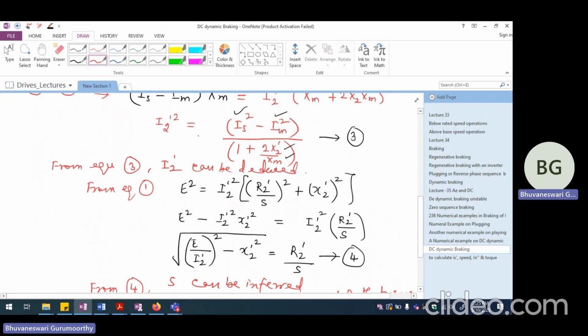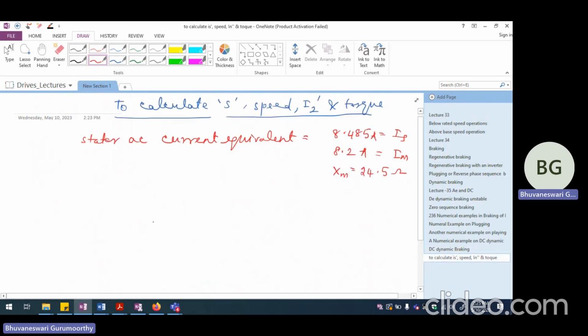So I2 dash square equals (IS square minus IM square) divided by (1 plus 2X2 dash divided by XM). This is what is I2 dash square.